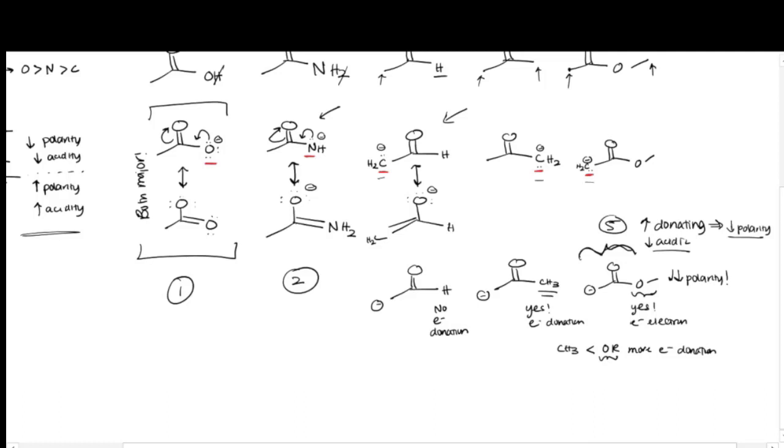And then when you compare CH3 and hydrogen, we know CH3 donates electrons more, so it's going to decrease the polarity even further, which makes this a worse acid. And then hydrogen doesn't do anything. It doesn't donate electrons. It doesn't withdraw electrons. So it's going to be able to maintain its polarity, which means it's going to be able to maintain its acidity. So we're going to say that out of these three, this is the most acidic.